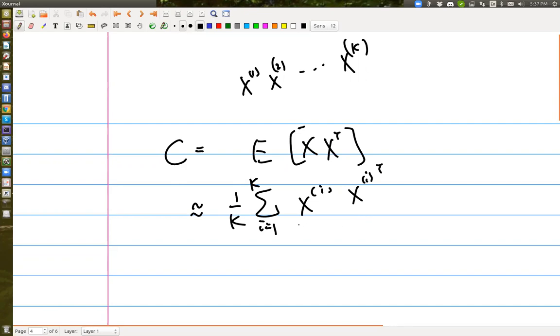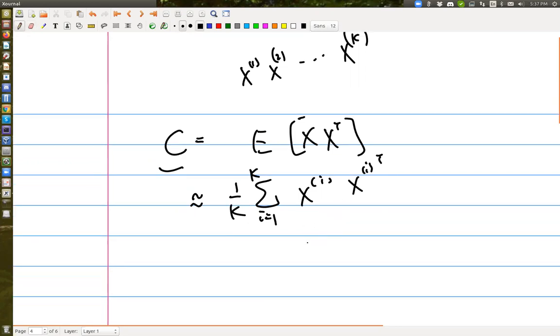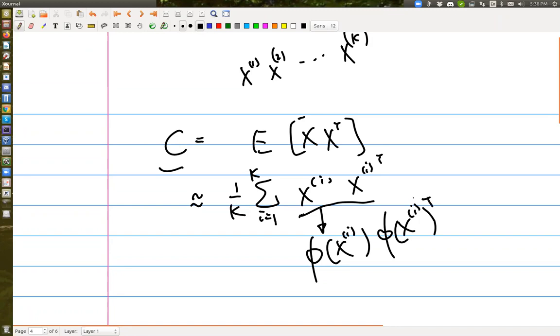Now note that what we are computing for this C here, like in SVM, we care about the inner product. Actually this is not precisely an inner product, but in the same token, we want a projection to a higher dimensional space. This is actually the outer product of phi(xi) and phi(xi) transpose, so it is the mapping to a very high dimension.